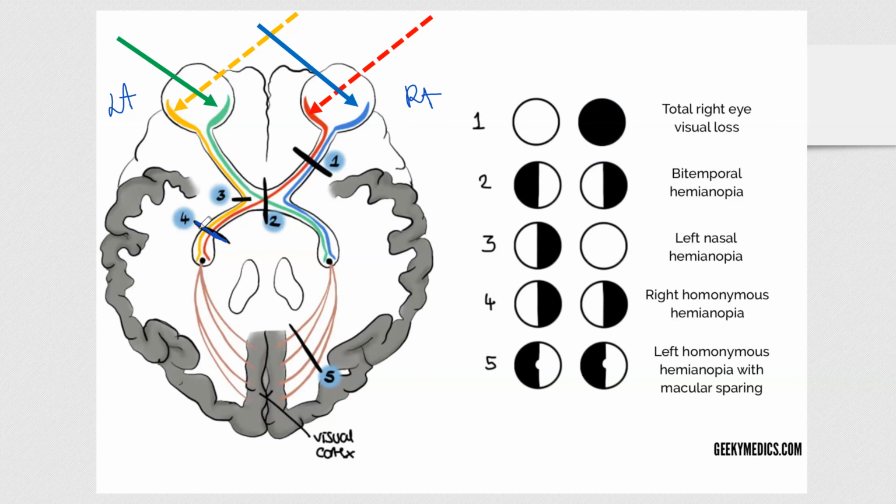So, for example, I have a lesion over here on the left, not the optic nerve, but the optic tract. This is the optic nerve, this is the optic tract. When you have a lesion in the left optic tract, you would think, okay, it's the left optic tract, so no vision in the left eye, but that's not how it is. Because what information is not reaching the cortex over here?